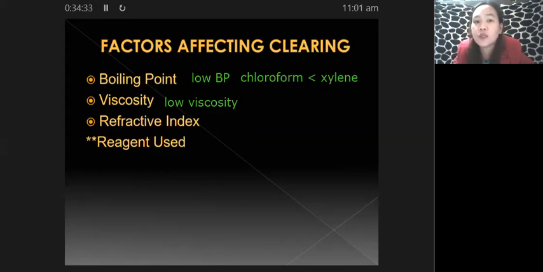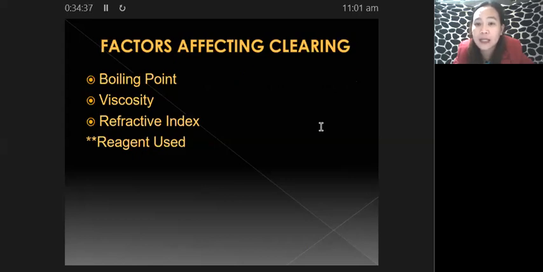Those are the different factors which will affect clearing as well as the subsequent step following your clearing, which is your infiltration. All right, so what are the different reagents that we use for clearing and/or dealcoholization?